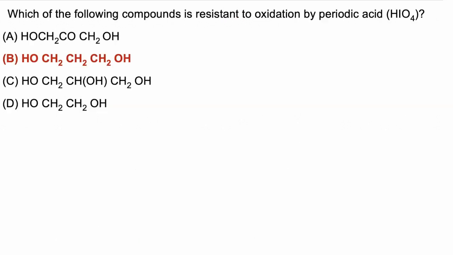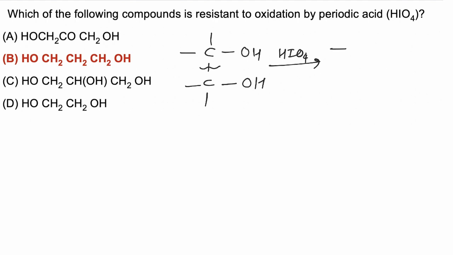In this question, we have to identify which of the following compounds is resistant to oxidation by periodic acid. Now, periodic acid can oxidize those molecules which have this type of system. On reacting with HIO4, this bond is broken and OH is attached at this place and at this place.